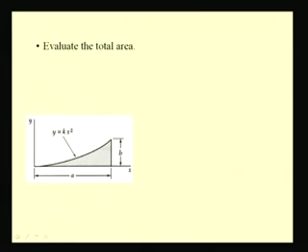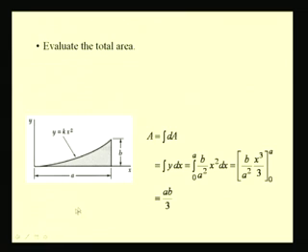Now, we find the total area. We have this differential element dA, which is considered as a thin vertical strip, and we integrate this between 0 to a, and we have the area as ab by 3.